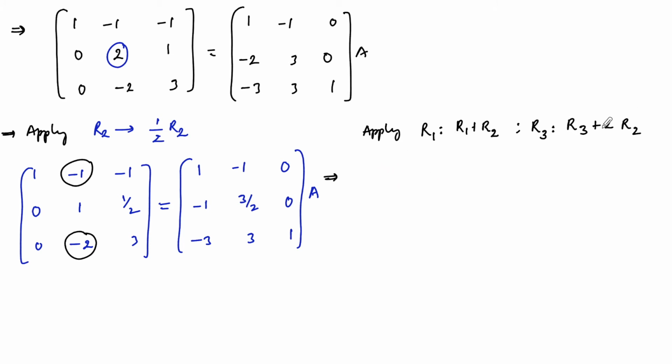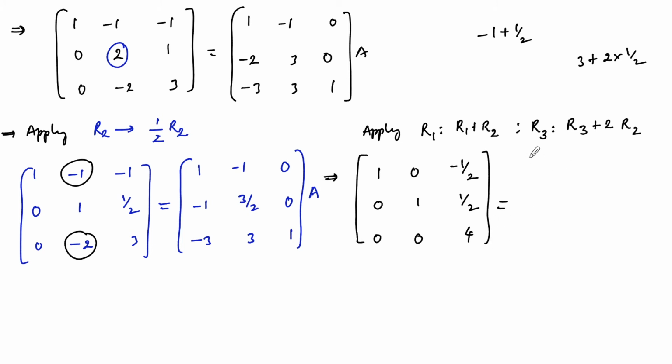So we can write first R1 plus R2, 1 plus 0, 1, minus 1 plus 1, 0, and minus 1 plus half, so minus 1 plus half is minus half, and then again the second row as it is, 0, 1 and half, and third row R3 plus 2 times R2, so that is 0 plus 2 times 0, that is 0, minus 2 plus 2 times 1, that is 0, and 3 plus 2 times 1 by 2, so 3 plus 1, that's 4.